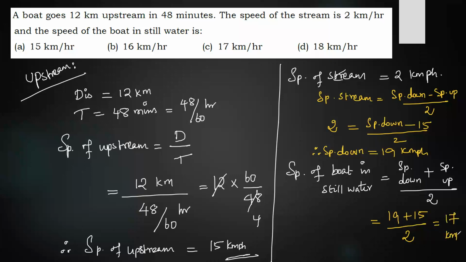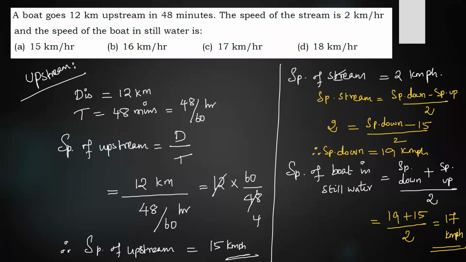Cross multiply and find the speed of the downstream. You will get 19 kilometers per hour. Then substitute here: (19 plus 15) by 2, so we get 17 kilometers per hour.